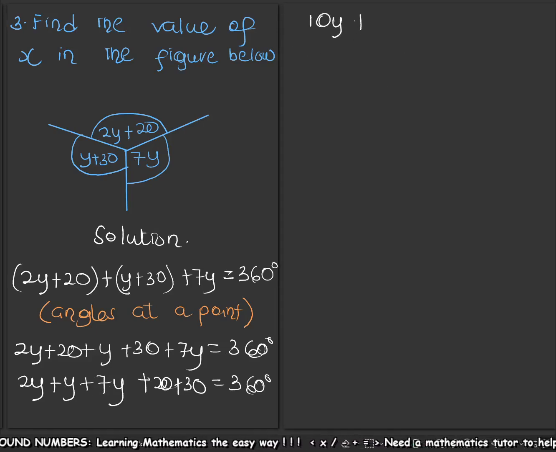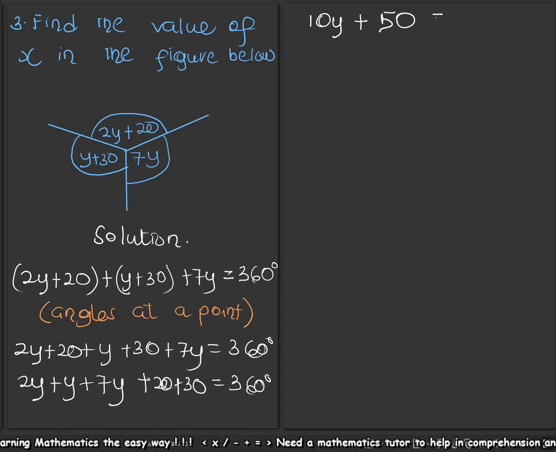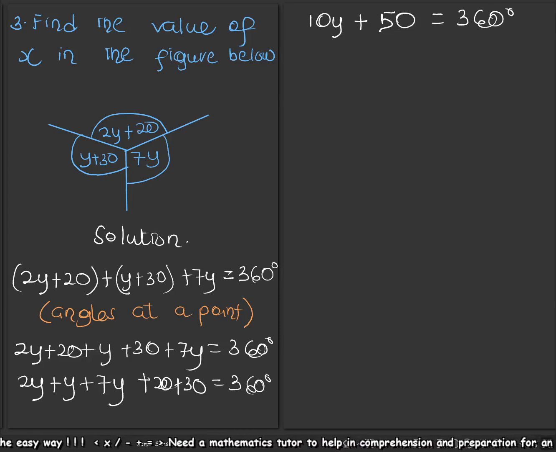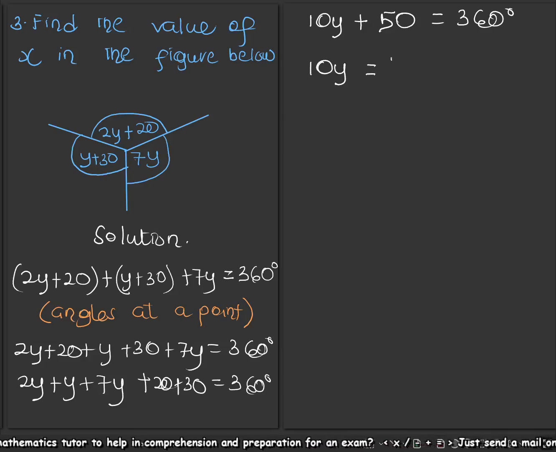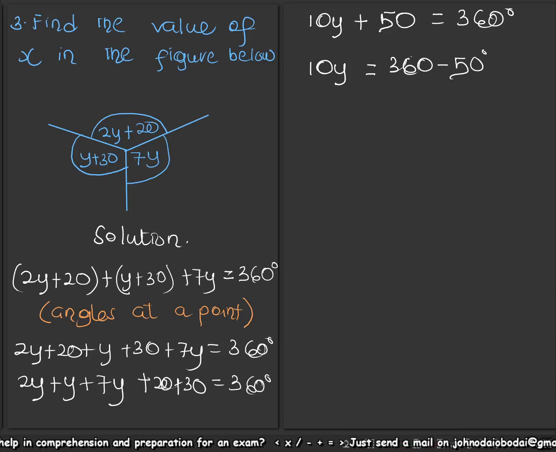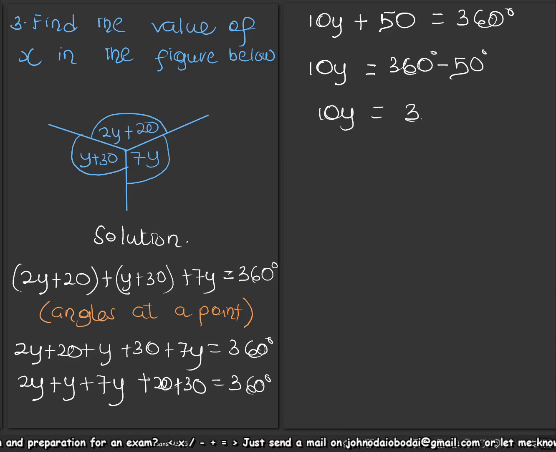So 10y plus 20 plus 30, that gives us 50, should be equal to 360 degrees. And making y the subject, we have 10y being equal to 360 minus 50. And 10y then gives us 310 degrees.